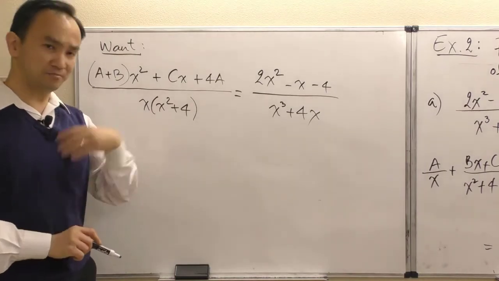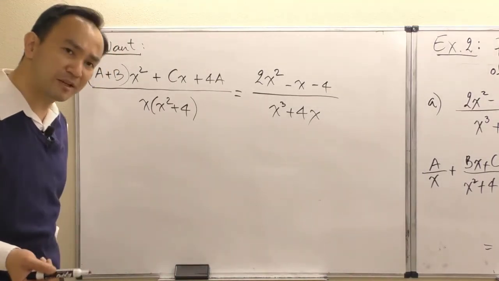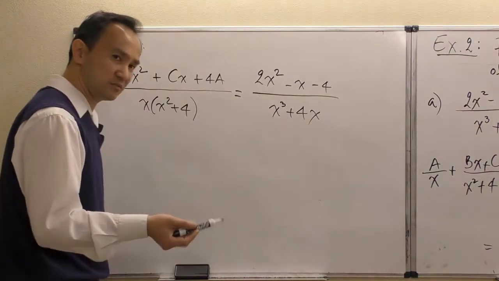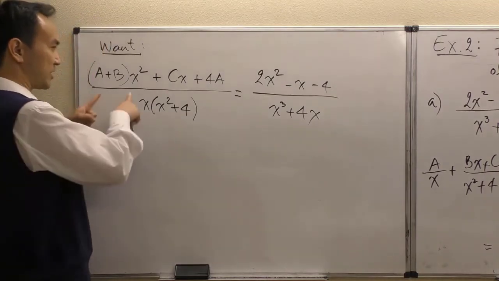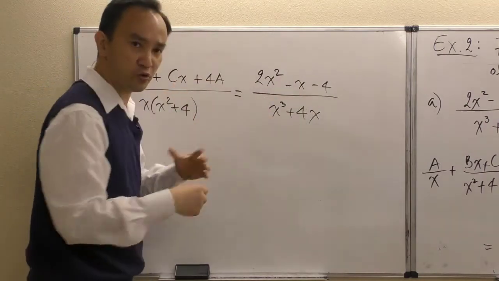You have seen this argument many times, so allow me to move on at a faster pace here. I need to match the corresponding coefficients and make sure they're equal.